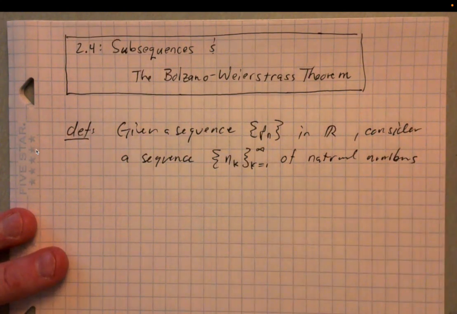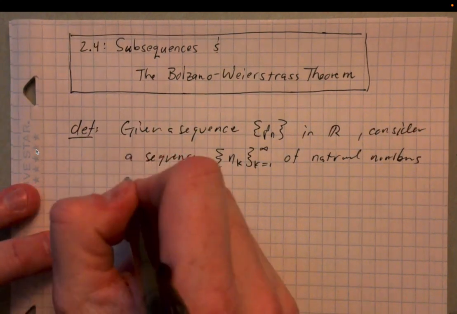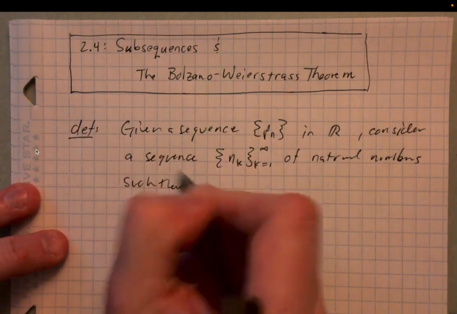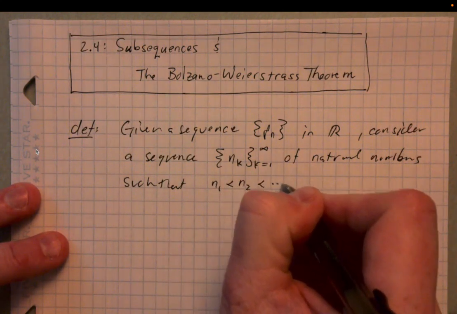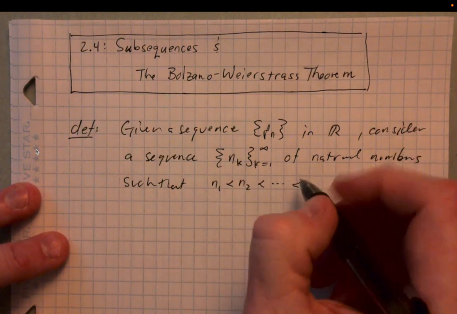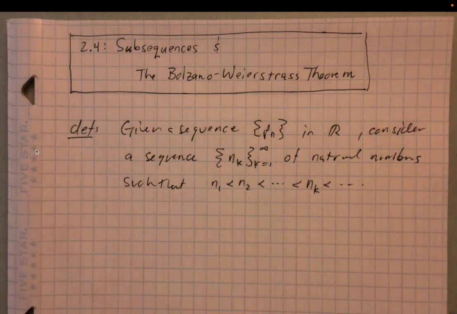Consider a sequence n sub k of natural numbers such that n sub 1 is less than n sub 2, which is less than dot dot dot, which is less than n sub k, which is less than dot dot dot, right? So basically an increasing sequence.